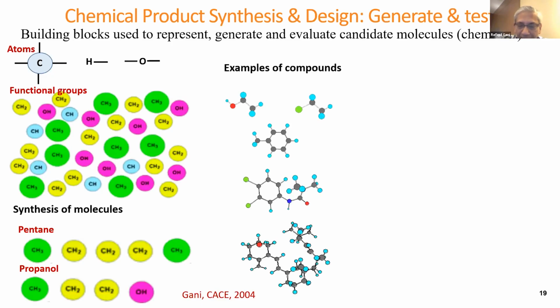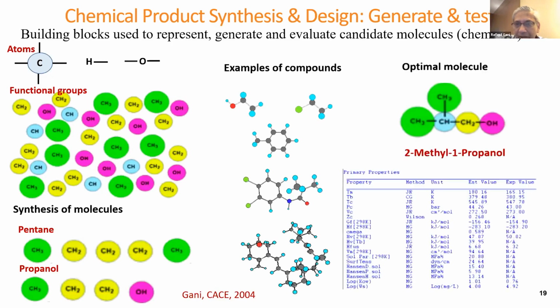And here are some examples of compounds. Once we have the compound, we need the property models or data to calculate the property. Just having the data is not enough because there's very little chance that a molecule we would generate would have its data. So predictive models for properties are very important.